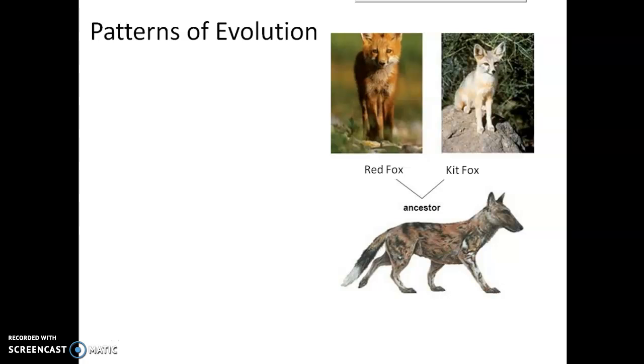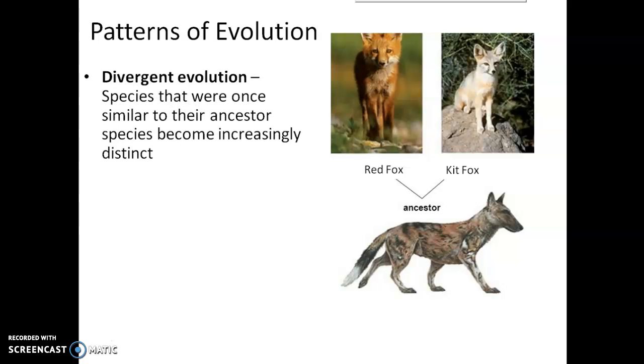So we left off, we talked about gradualism and punctuated equilibrium, where animals can either adapt gradually, which is what we typically see, but there have been some recorded cases where punctuated equilibrium also happens. Some patterns of evolution. So one pattern of evolution is divergent evolution.